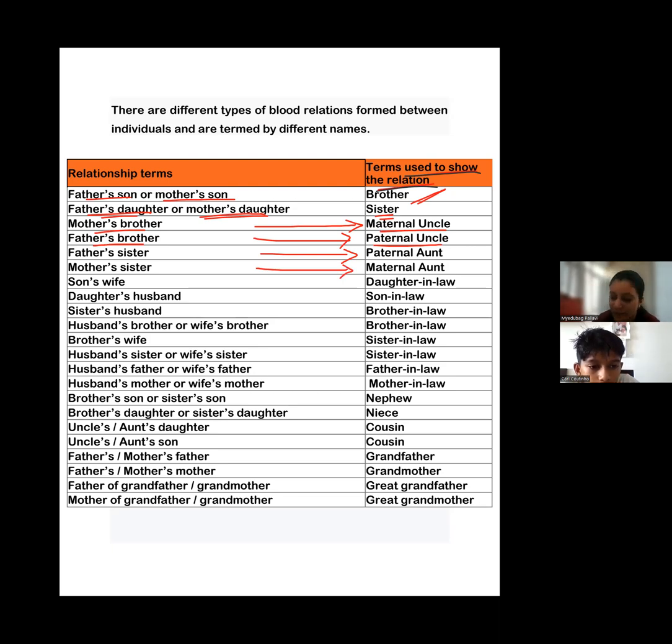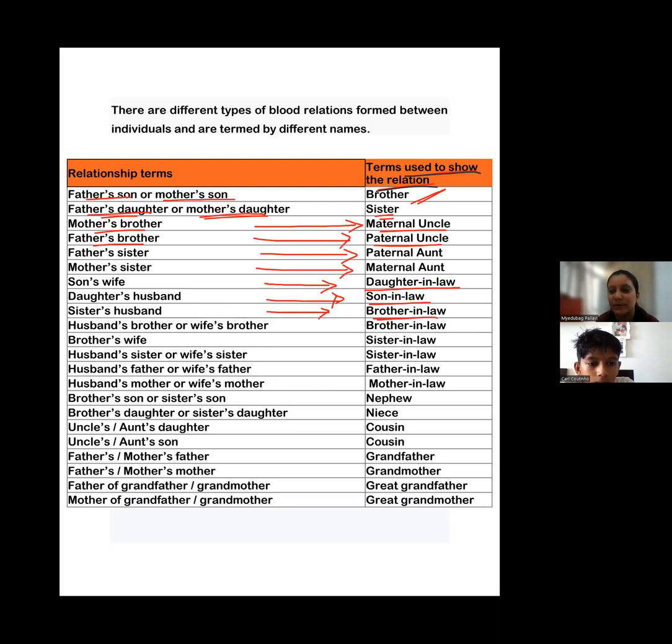Son's wife, if I have a son, the wife of the son will be daughter-in-law, and if I have a daughter, her husband will be my son-in-law. I hope you know all these. These are the common relationships that we have, isn't it?